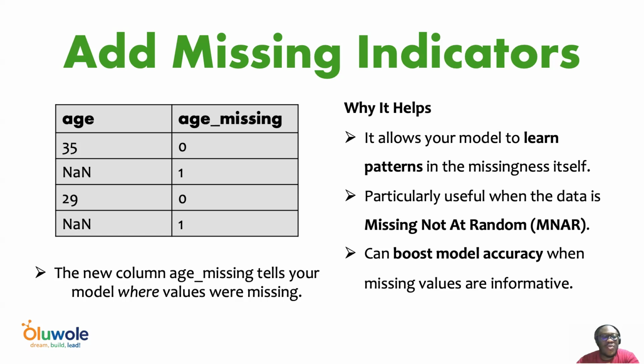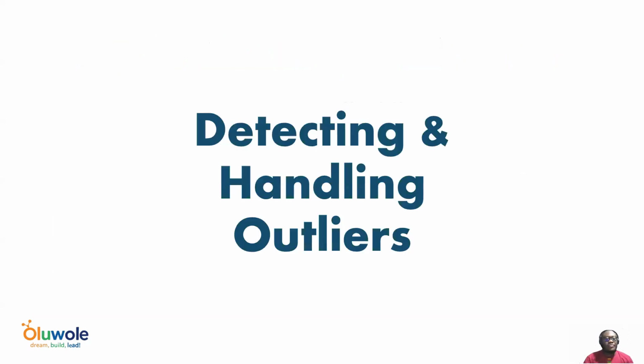So it's always good to add your missing indicator. Your model will learn from that, and you'll be surprised that your model will perform very well. So I said the new column called age missing tells your model where values were missing.